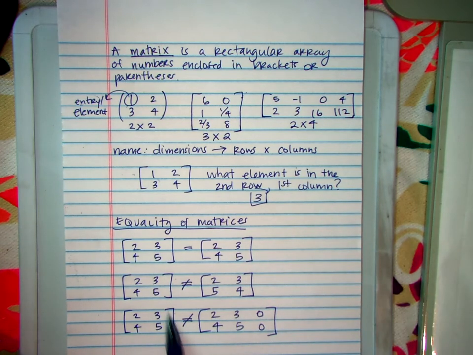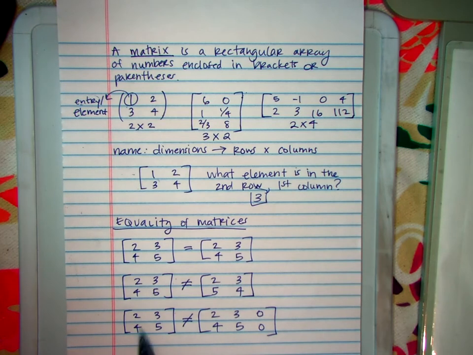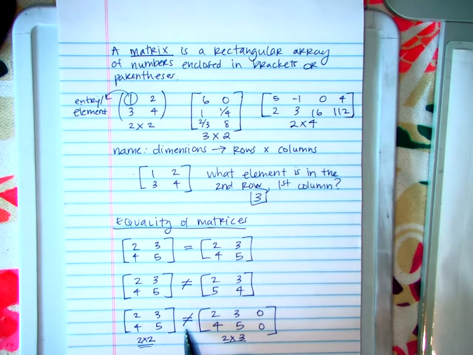While there's no other entries here, we can view it as a 0, 0. This is a 2 by 2, whereas this matrix is a 2 by 3. Because their dimensions are not exactly the same, these matrices are not equal to each other.